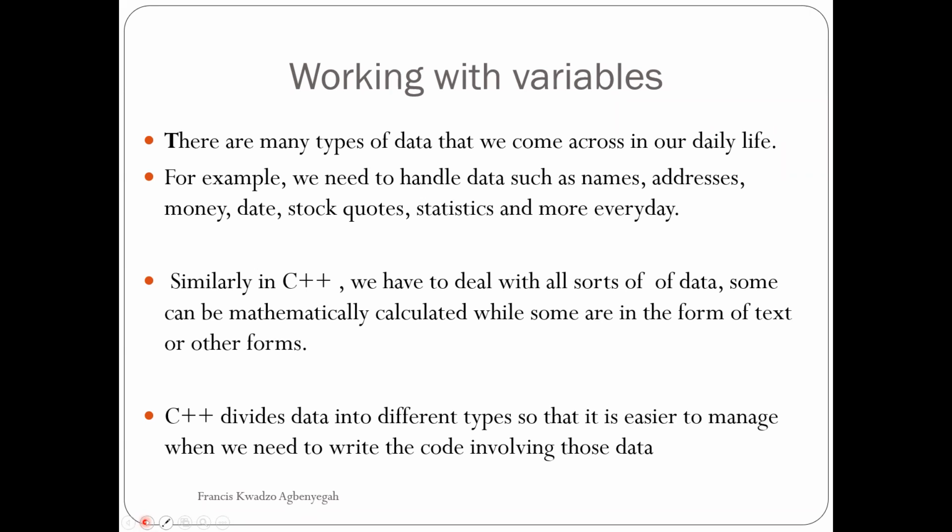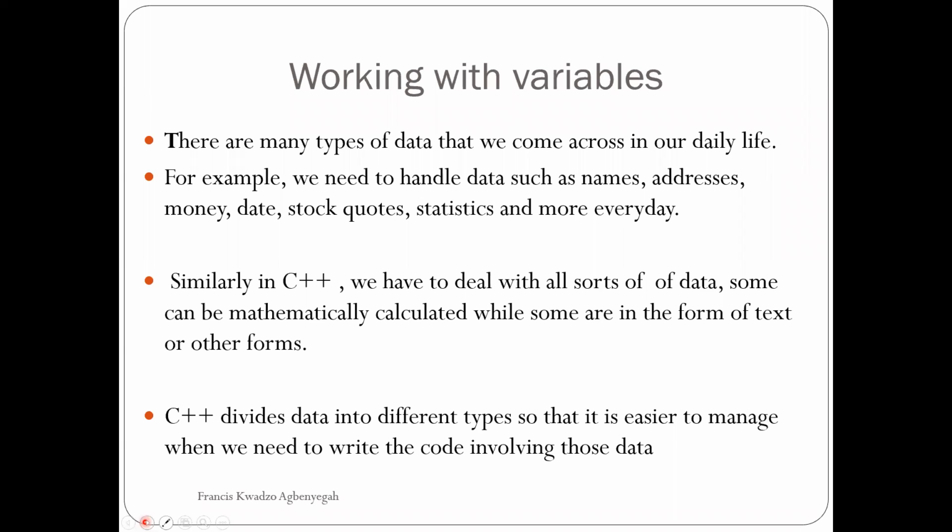These are the various kinds of data you are going to come across whenever you are coding. How you handle money in your code will be different from how you handle date, and how you handle date will also be different from how you handle names or even numbers. That is where data types come into place.